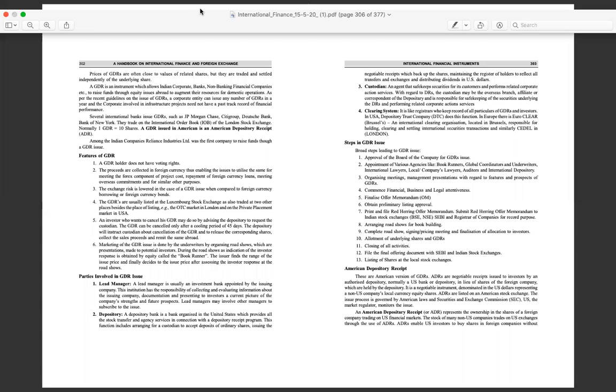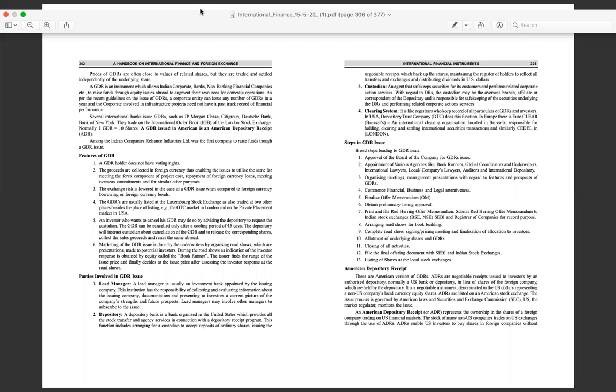So the issuing company is going to surrender all the shares that it intends to issue to the investors abroad. Once these shares are surrendered, it is the responsibility of the depository to convert them into electronic form, and investors will be receiving depository receipts allotted to them.